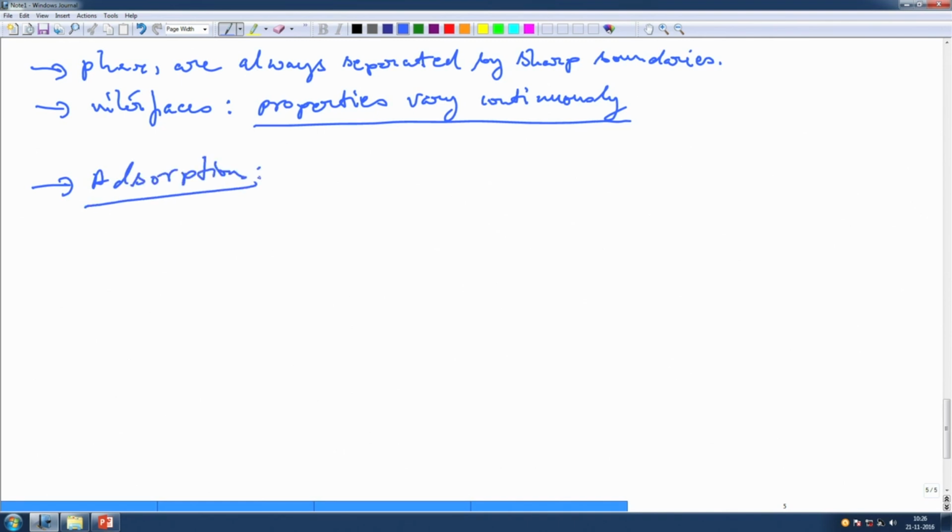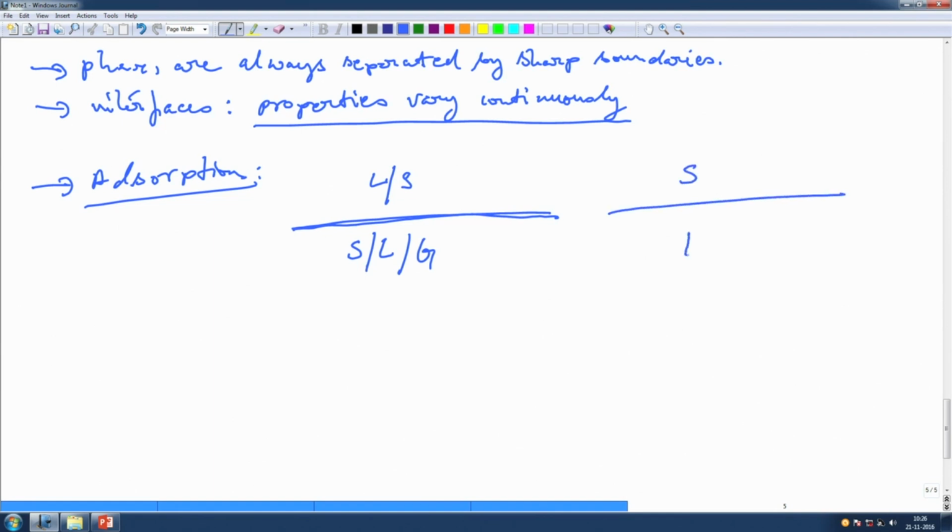Say you have a solid and a liquid, and there is an interface, thick or thin. You can have a solid, liquid, gas, whatever the other phases are. What happens is that in some of these cases the interface retains the molecules of the other phase. If it is a solid, it retains some of the liquid. Let us take an example: you have a solid boundary and there is a liquid over here.